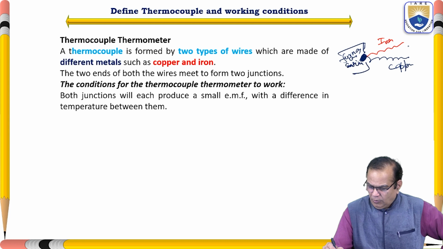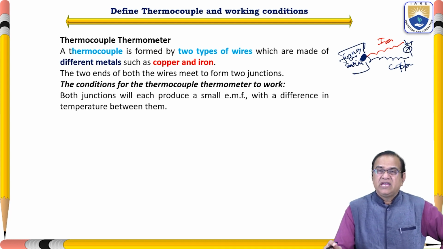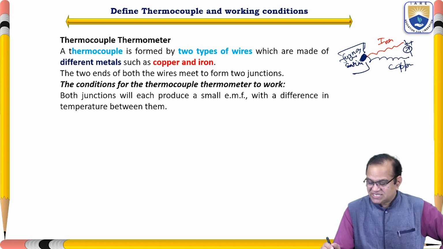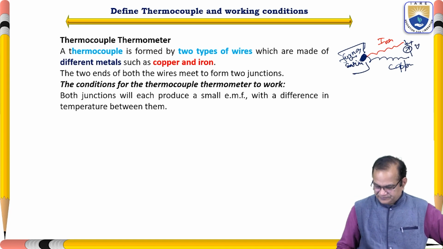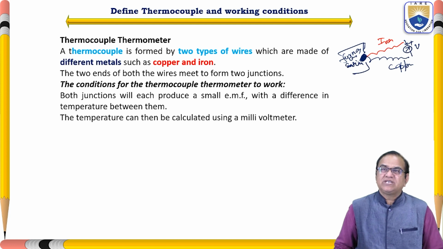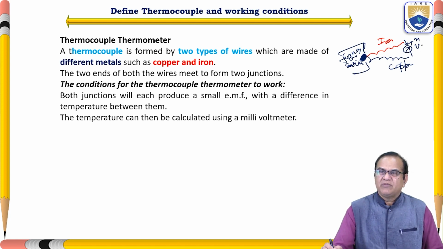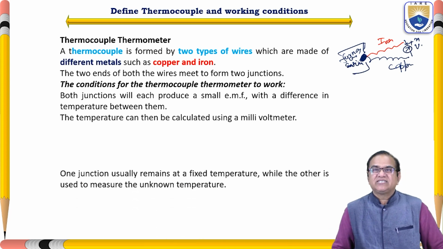If you put a plus or minus here, the voltmeter will indicate some EMF, electromotive force, or voltage generated. The temperature can then be calculated using a millivoltmeter. So here we can write MV, the millivoltmeter, which will read this value.